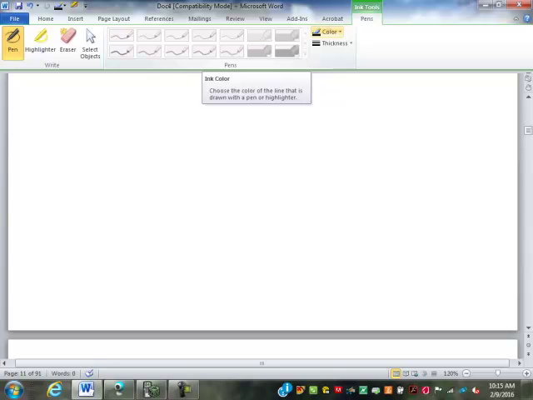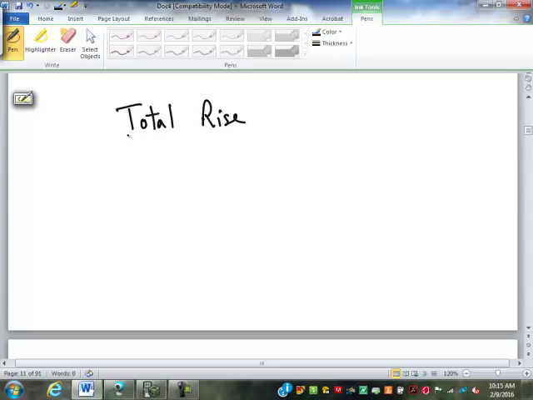so first thing you have to be able to find is the total rise. Total rise is just going to be your ceiling height plus your floor thickness. Remember, we're assuming the floor thickness includes everything: lower ceiling, joists, subfloor, and finished floor.